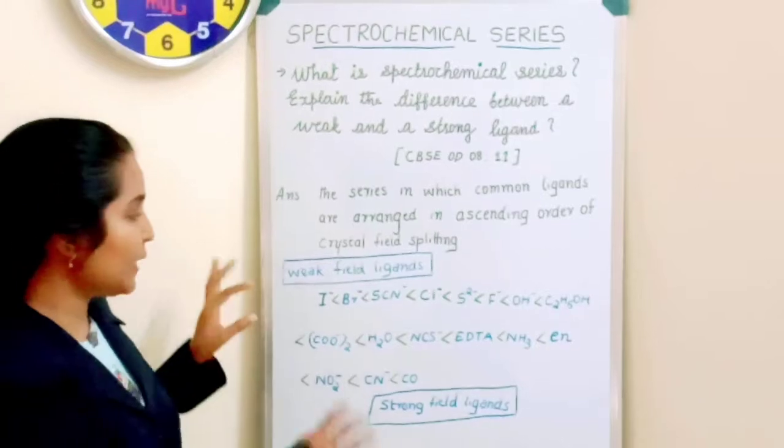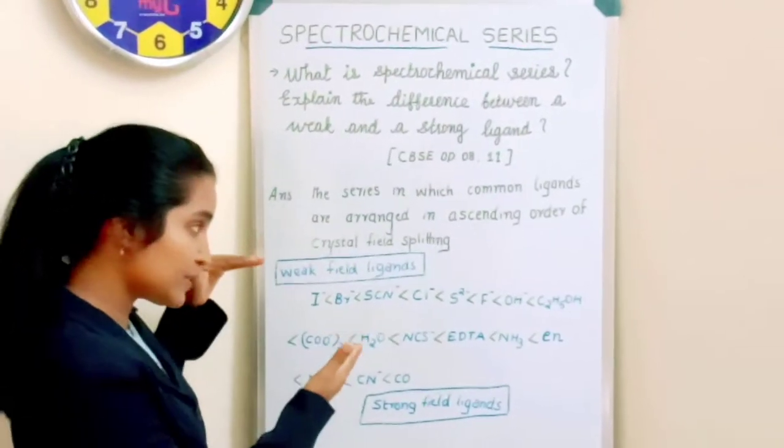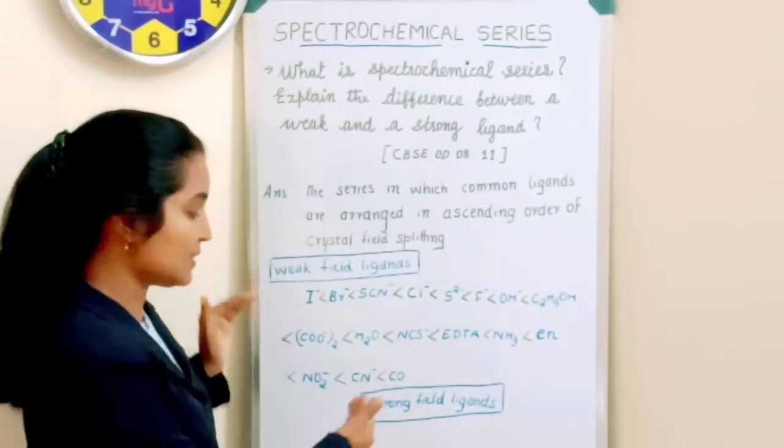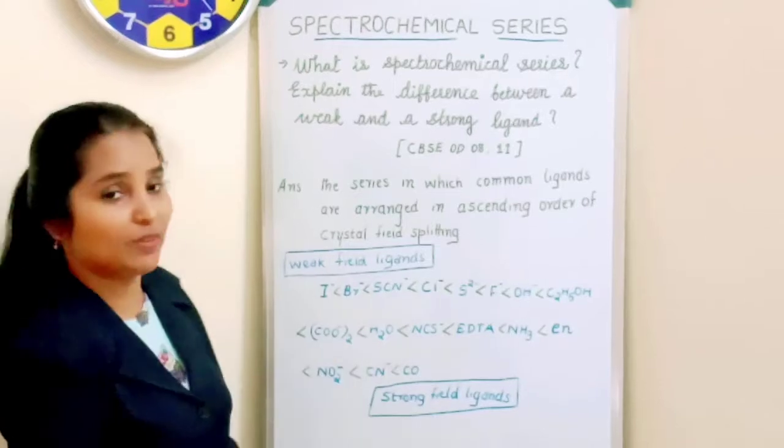By looking at this series, you have to learn this series, and then by thinking about this series, you can identify which is the strong field ligand and which is the weak field ligand.